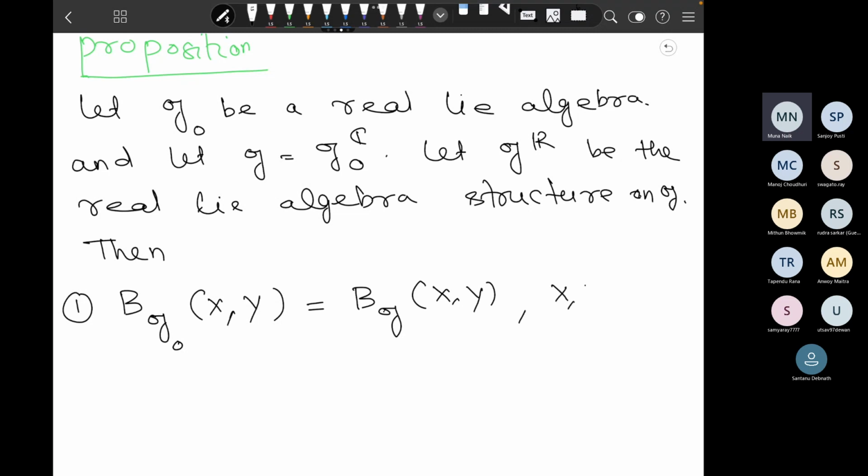This happens for all X, Y belonging to G naught.